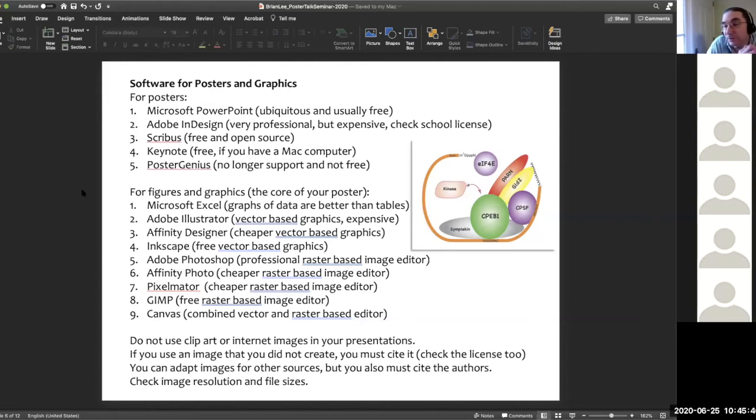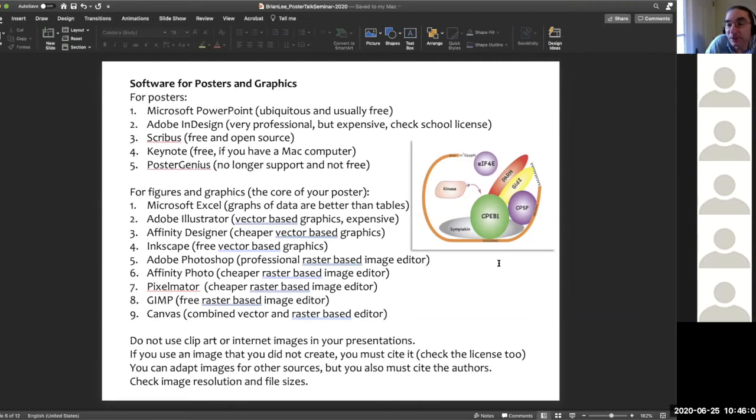So Microsoft Excel or any of the other spreadsheet programs have ways to make graphs that you can use. For actually designing your own graphics, for instance, the one that's shown here on the right, this was done with Adobe Illustrator.